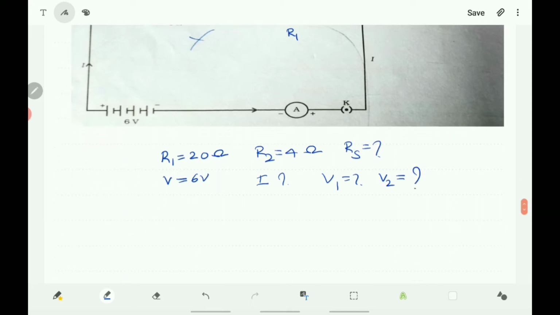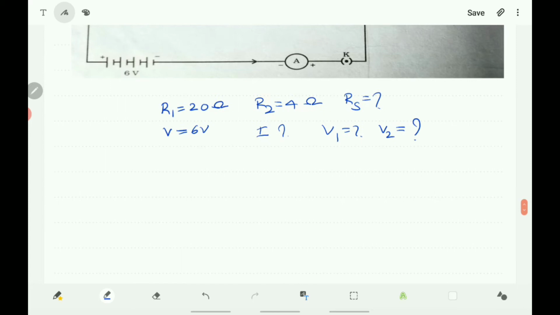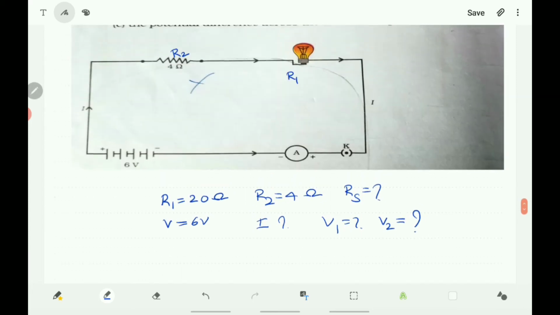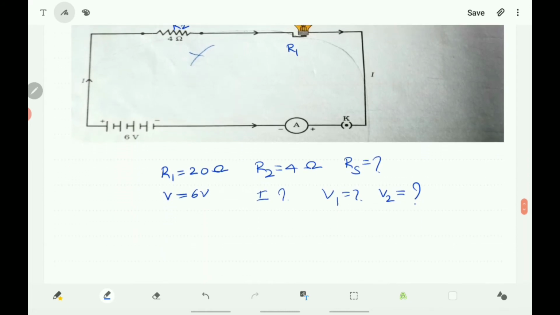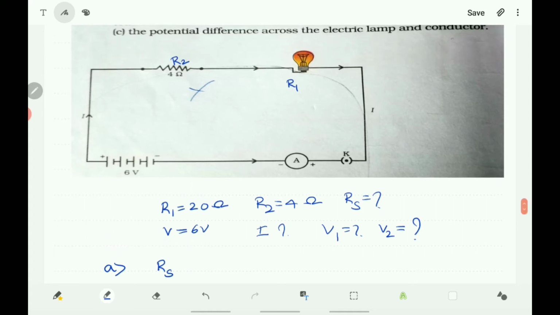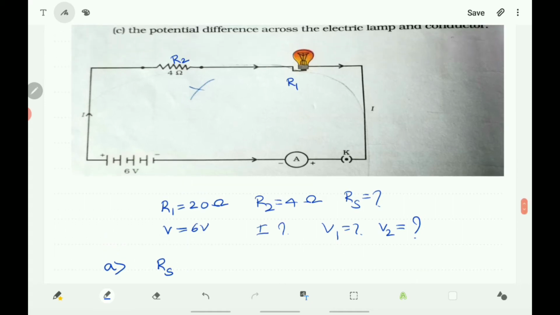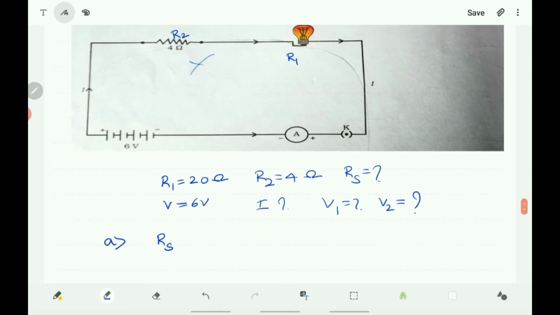Now let us solve one by one. The first one we take, the first question is the total resistance of the circuit. So you take that as A. You know that Rs, because this conductor and lamp are connected in series, Rs is equal to R1 plus R2 in the case of series connection.